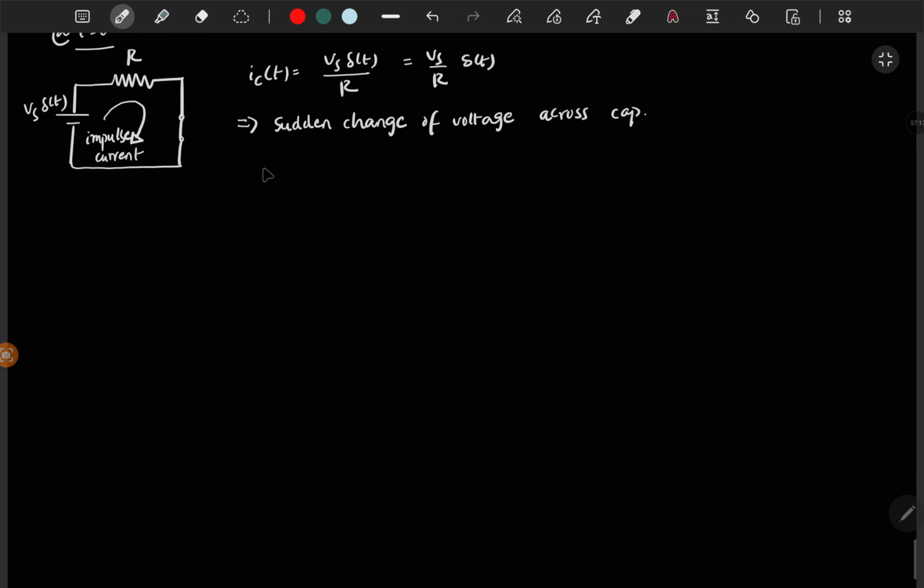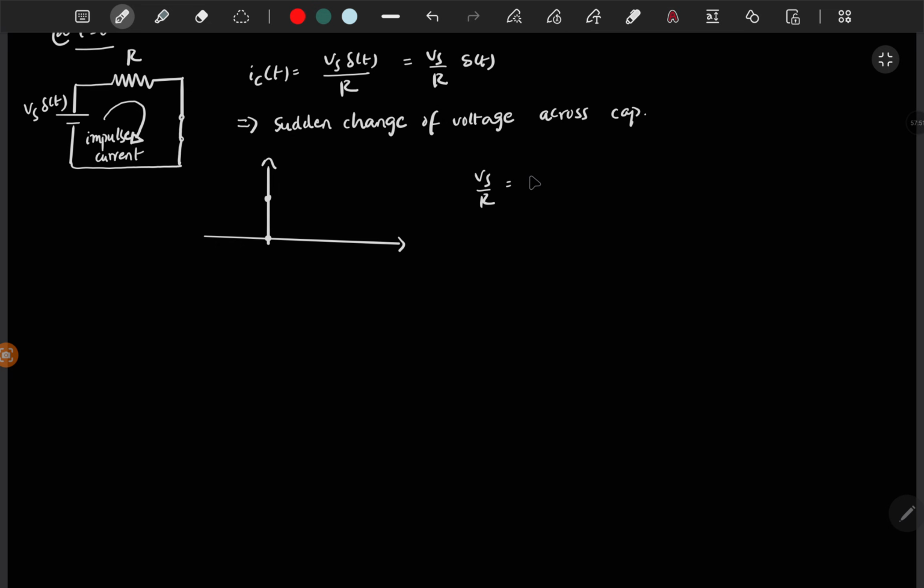So what is a sudden change? If you go back and remember, this magnitude is the capacitor value times the change of voltage, right? If the voltage is changed suddenly, then the difference of voltage times the capacitor gives you this magnitude, right?